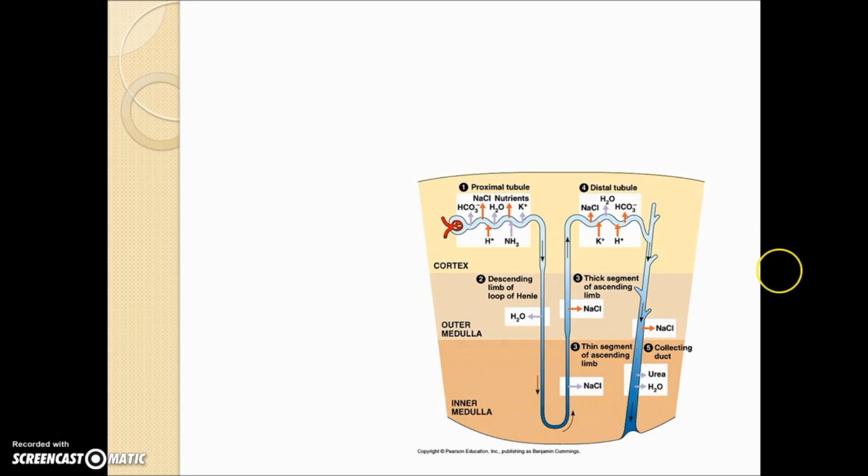And this will escape this nephron as urine, okay? Remember that 90% of the water is reabsorbed in the collecting duct, okay? The kidney can reabsorb water from here and return it to the blood, okay?